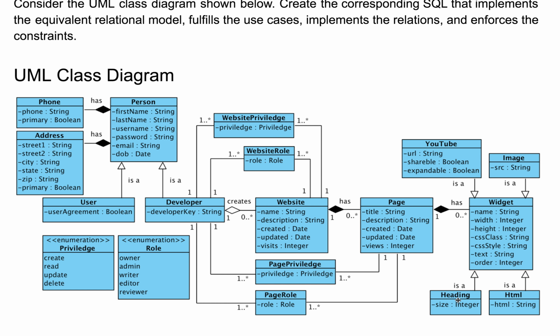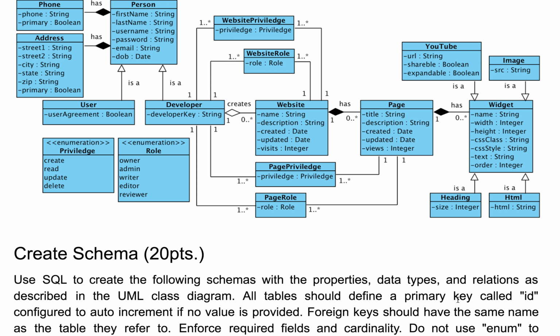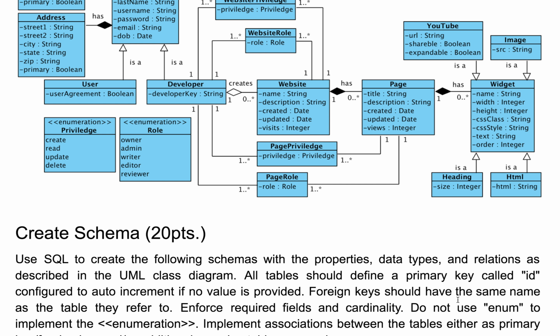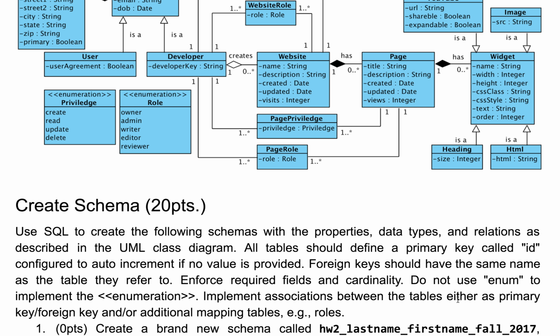Okay. Then down below, it asks you, okay, well, given this class diagram, which presumably you came up with in the first assignment, right? Now, after having gone through several iterations of improvement and approvals, actually implemented in a concrete schema, right?